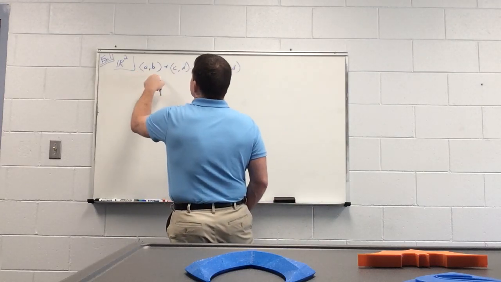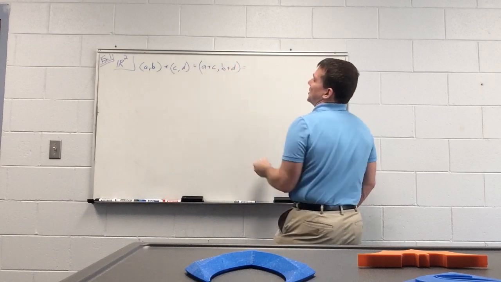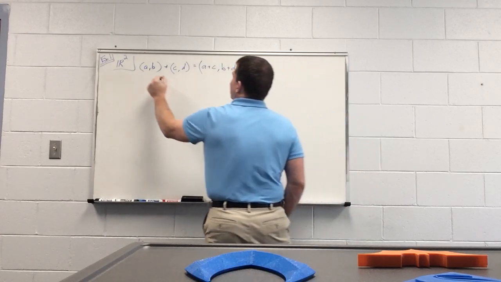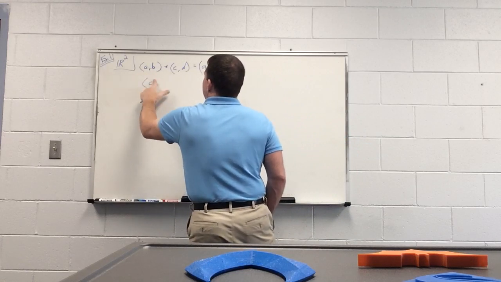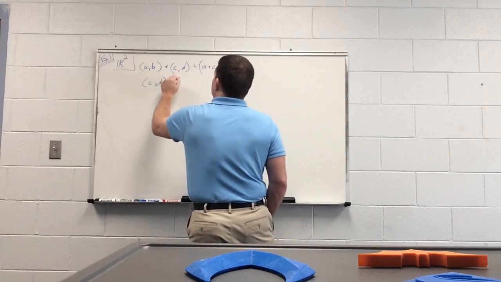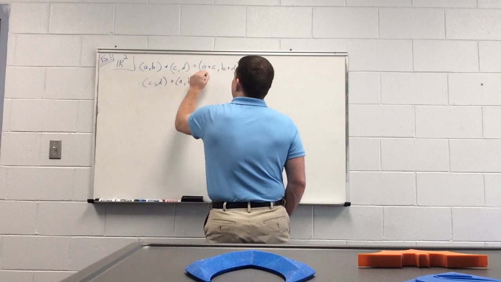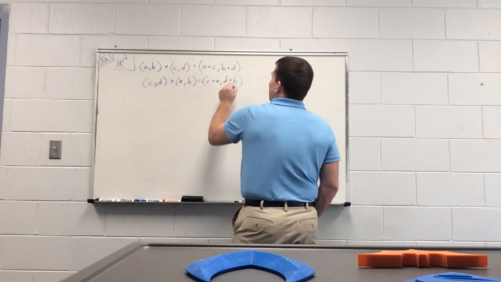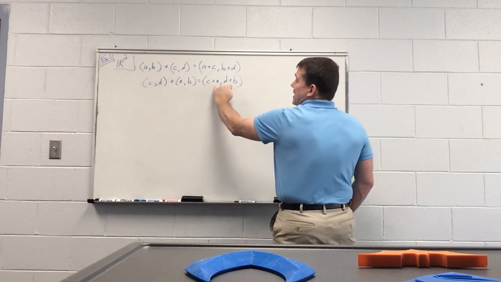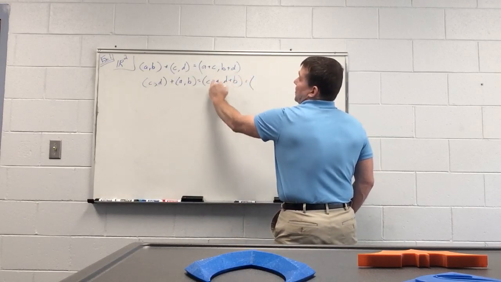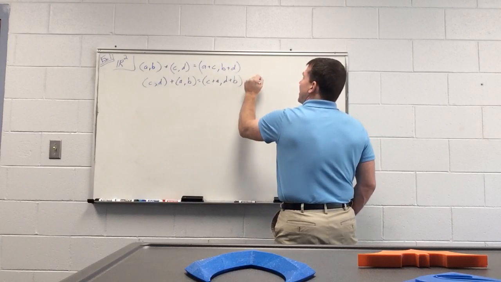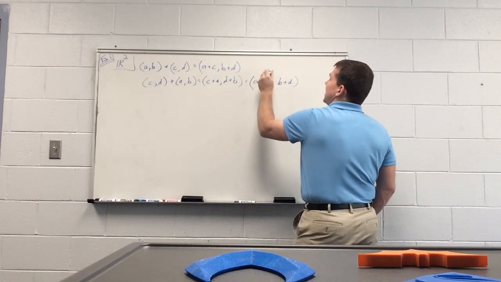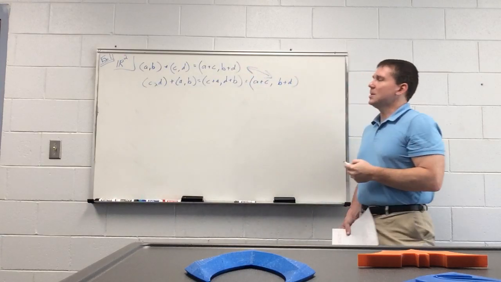Well, yeah, because even just looking at this to expand on my definition, that's (a plus b, c plus d). What is (c, d) plus (a, b)? Well, that's (c plus a, d plus b), but these are real numbers, which means real number addition is commutative. I can rewrite this as (a plus c, b plus d). They're equal, so it's commutative.